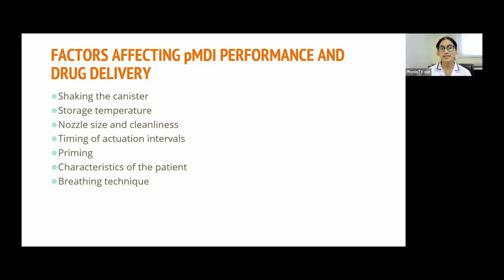Next is the nozzle size and cleanliness. Depending on the nozzle size, the amount of drug that is delivered out of the PMDI also varies. The smaller the nozzle, the higher the chances of better deposition of the medication into the lung periphery. And talking about cleanliness, if the nozzle is not clean enough, there are high chances of foreign bodies or debris entering your lungs.